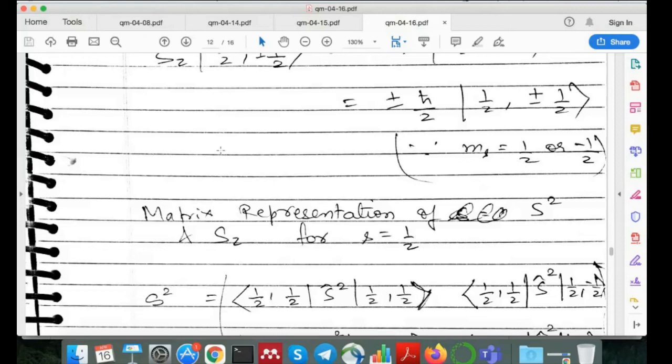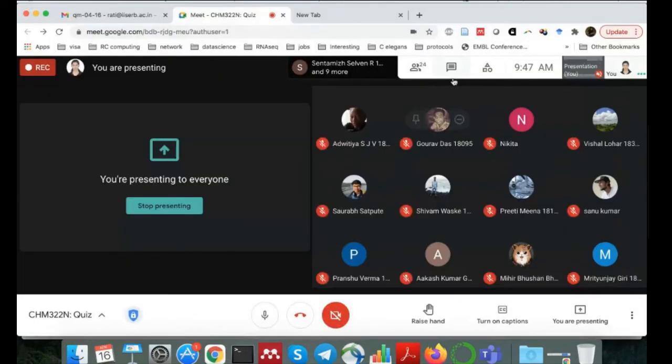Can someone tell me what the ms values are for S equal to 3 by 2? Please write down in chat, what are the ms values for S equal to 3 by 2? Come on, try it out.